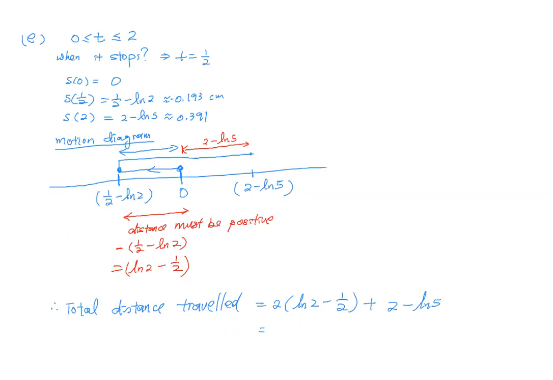So this will be 2 ln 2 minus 1 plus 2 minus ln 5. The exact value will be ln 4 plus 1 minus ln 5. So write it as a single ln, it will be 1 plus ln (4/5).